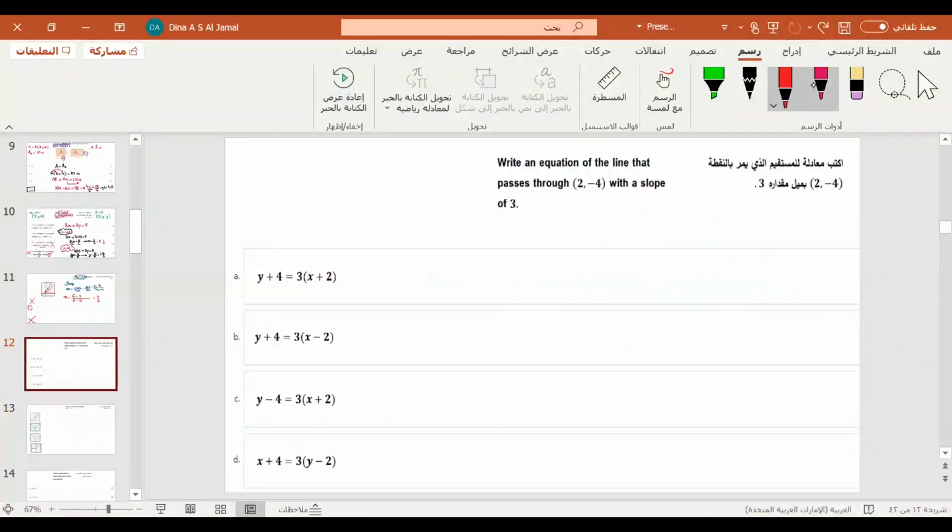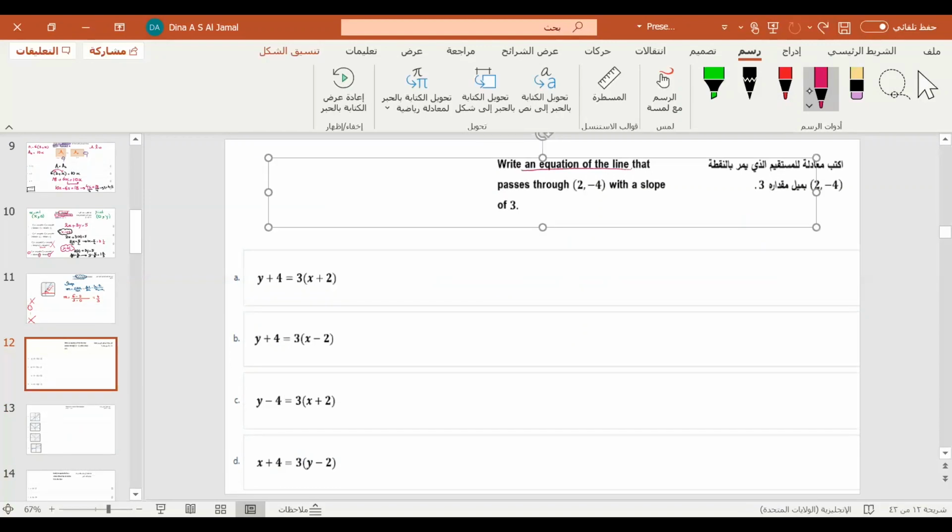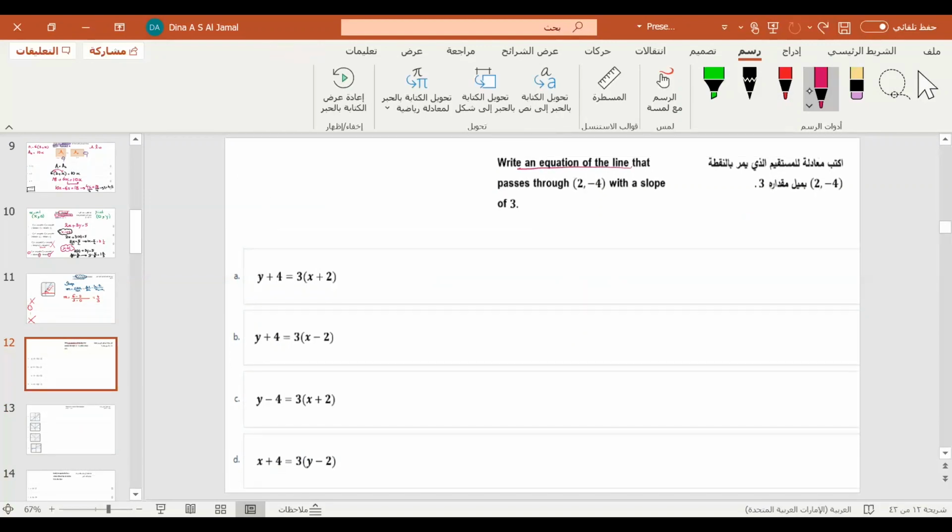Now let's go to the other question. He would like you to write an equation of the line that passes through a point and has a slope of 3. So let's write the point-slope form: y minus y1 equals m times (x minus x1).